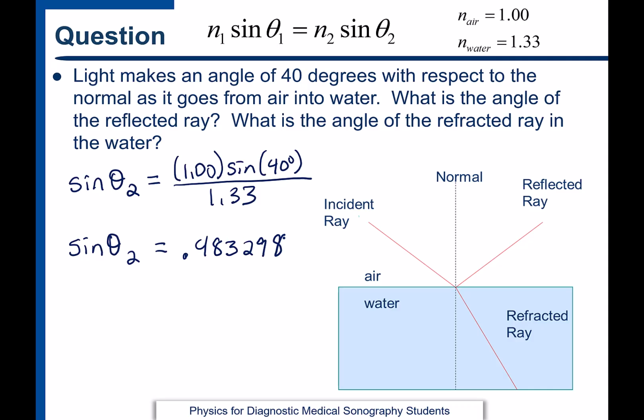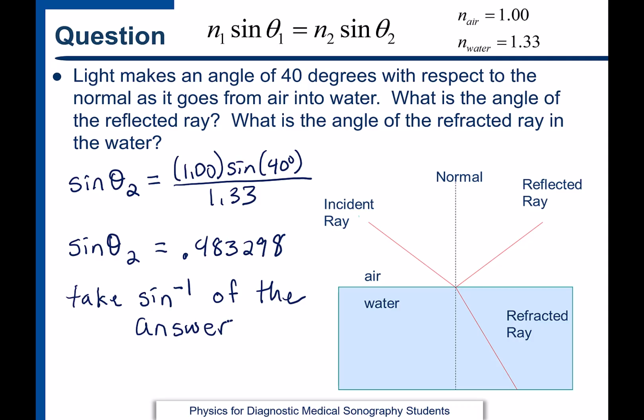What we now need to do is take the inverse sine, which is referred to as sine to the negative 1 of that answer. And the reason for that is if we take the inverse sine of sine theta 2, we just get theta 2.